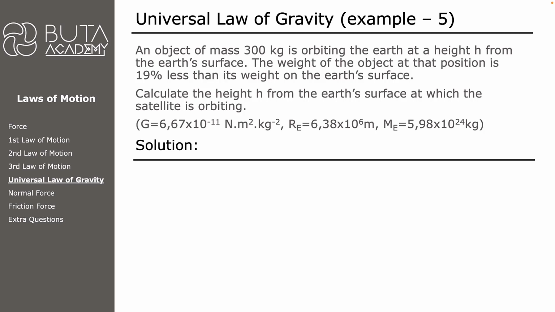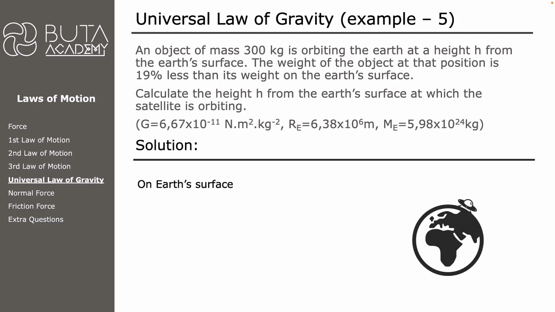First part is when the object is on the surface, and the second part is when the object is orbiting the Earth. As we mentioned before, there is an easy way to calculate the weight of an object while it is on the surface of Earth, and we have already used this method in a lot of previous questions. Weight of an object is equal to mass times gravitational acceleration.